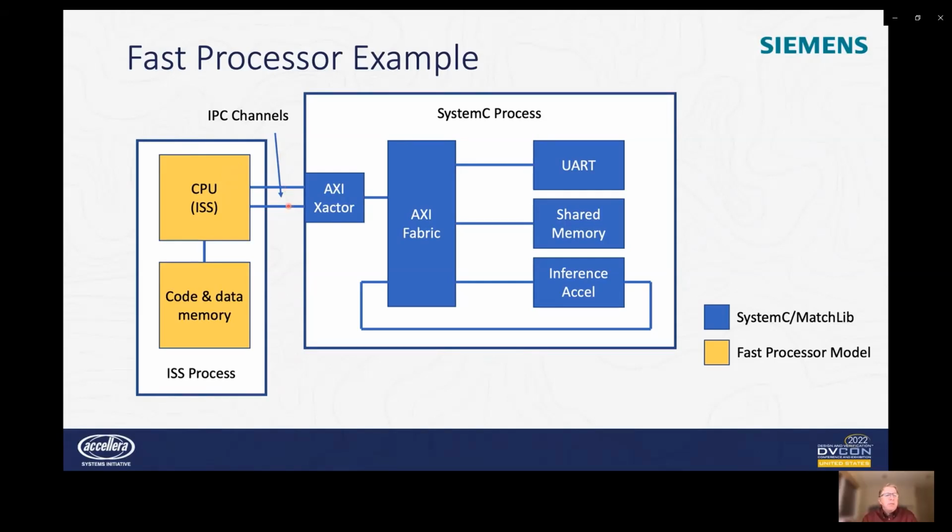And then it will create ports for IPC communication. Now, it's entirely possible that in this AXI transactor, we could be running the full ISS process as a thread. That's a bit more complicated, although it does speed things up a little bit. And so it really depends on your verification goals as to if you want it to be an outside process or a thread. You can really build it either way.